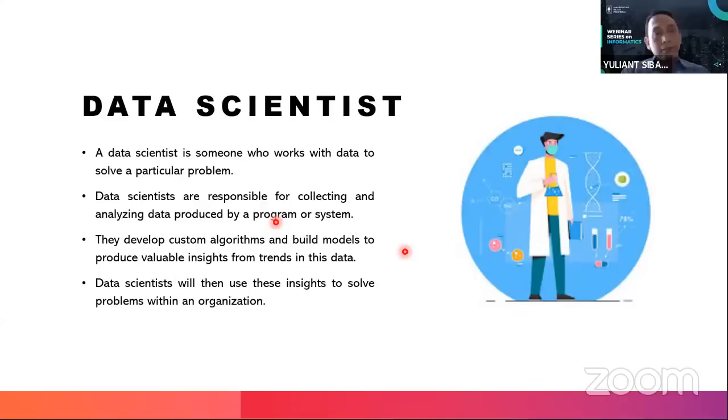And data scientists will then use this insight to solve problems within an organization. So we can see that a data scientist's work depends on the problem. Maybe they use some algorithm, maybe they create some classifier, etc. But the goal is to solve a particular problem.